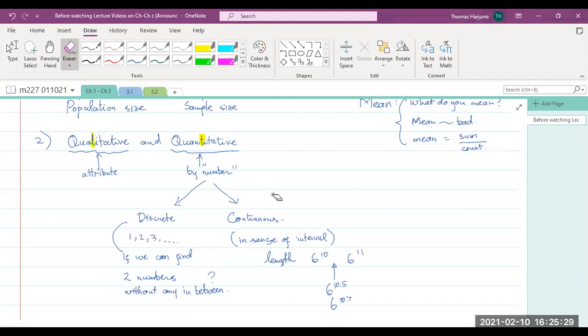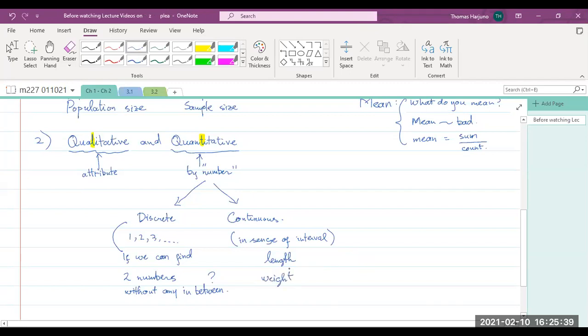The length, the distance, the weight. For example, I was sending a package to my friend in Northern California, and the weight was 28 pounds. Somebody else may send something 28.7 pounds. But if I pull something out, then it may become 27.9.